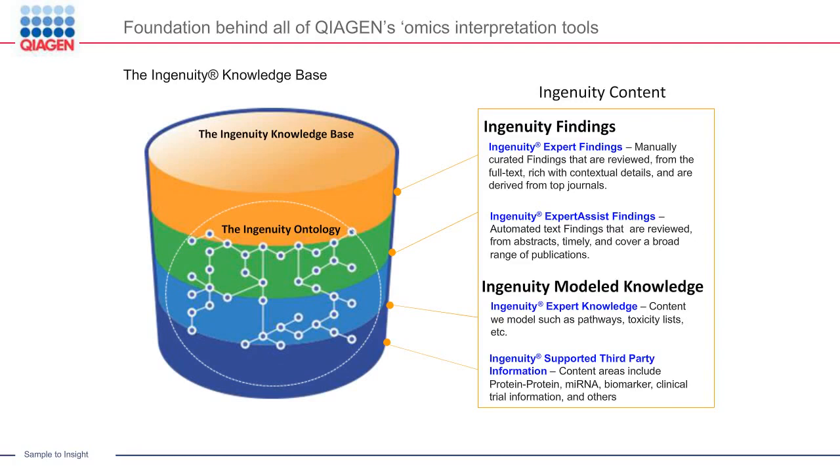But we also have expert assist findings, which use a computer algorithm to go through and pull out the major findings. A finding would be a summary of the meat and potatoes of what's in the article, like this gene is associated with a particular phenotype in a particular context. A computer algorithm does that, but as a final QC step, actual scientists look at those findings before they go in the knowledge base to make sure we have the highest and best representative content.